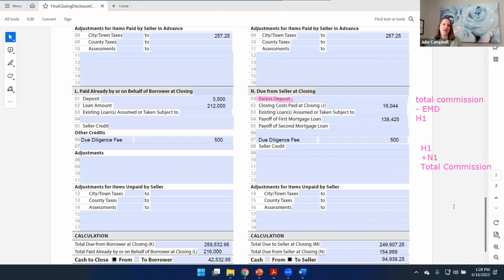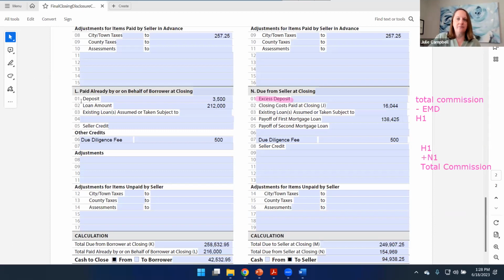It's just how it needs to shake out on the closing disclosure. N, yep, N as in Nancy. So the excess deposit, we're going to debit the seller. So we're charging the seller on H1, we're charging the seller on N1. And remember, we're still crediting it back to the buyer on L1.